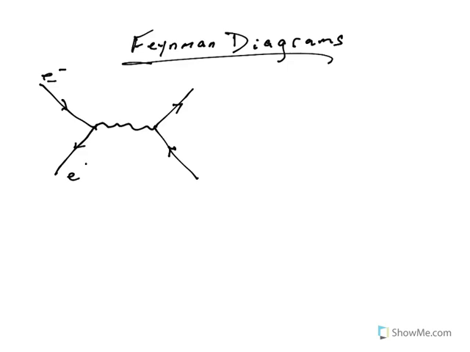E minus, E plus, gamma, E minus, E plus, let's say. So this is an example of a basic Feynman diagram. And the way to interpret this, basically what it is, is a visual model that will help explain some interaction between particles.